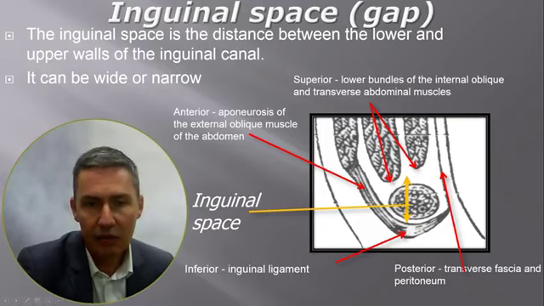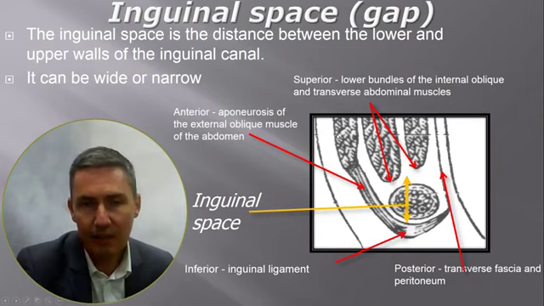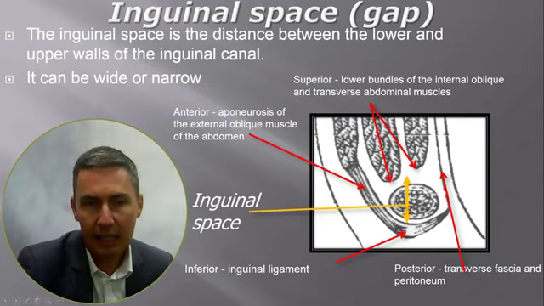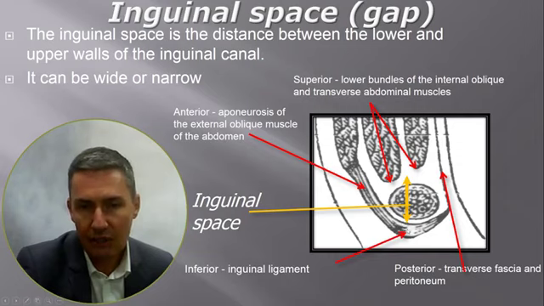So here you can see the sagittal section through the abdominal wall, and three muscles are represented: the external oblique, internal oblique, and transverse abdominis. Then you can see the aponeurosis of the external oblique muscle, which curves down and backwards and forms the thickening, which is the inguinal ligament.